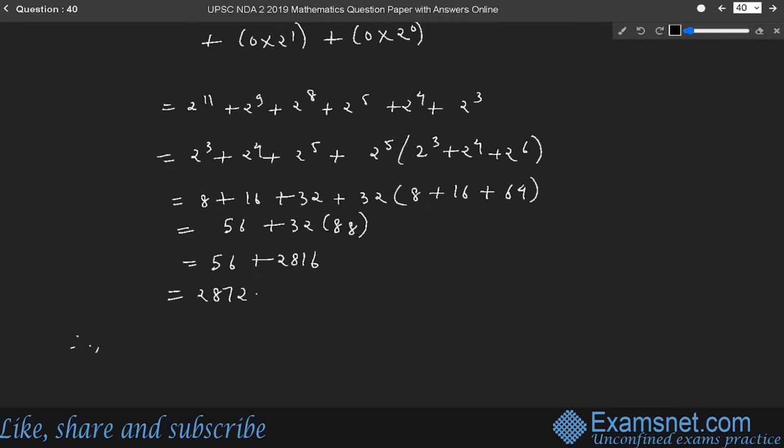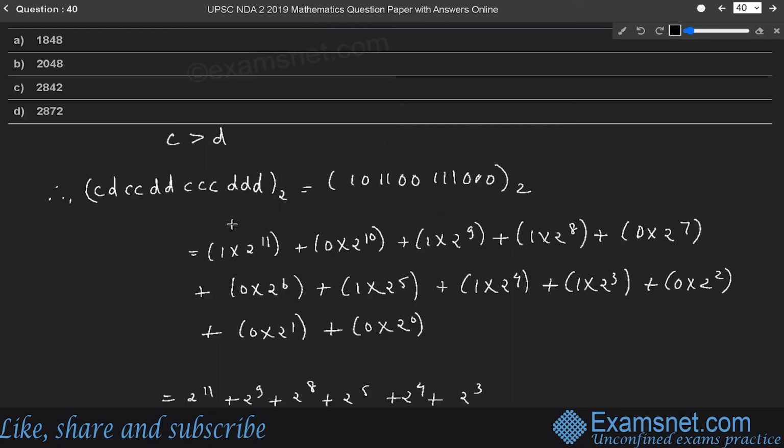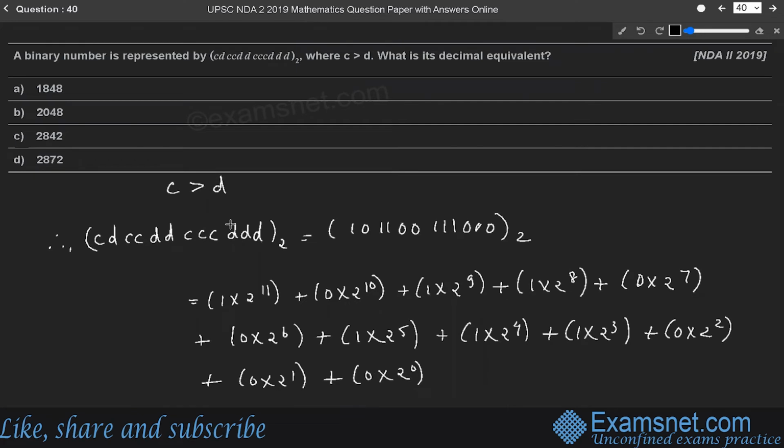Therefore, we can say that 101100111000 base 2 is equal to 2872 base 10, which is the decimal equivalent. So we can say that the correct option here will be option number D, which is 2872. I hope all the questions are clear to you.